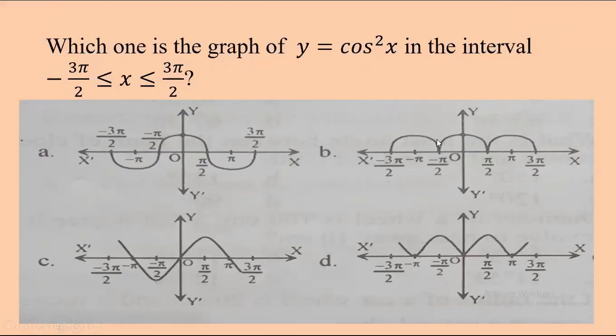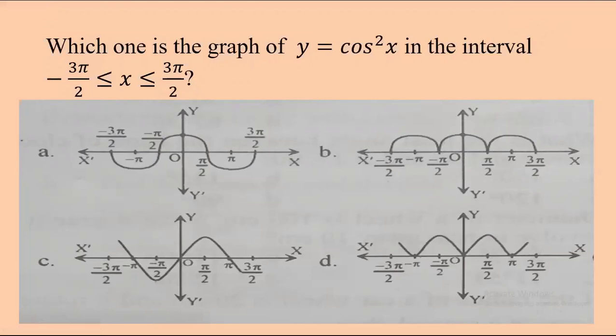Now we are left with B and D. Now see, for cos 0 we get 1. And we can say in another way, it doesn't pass through origin. So B is the correct option.